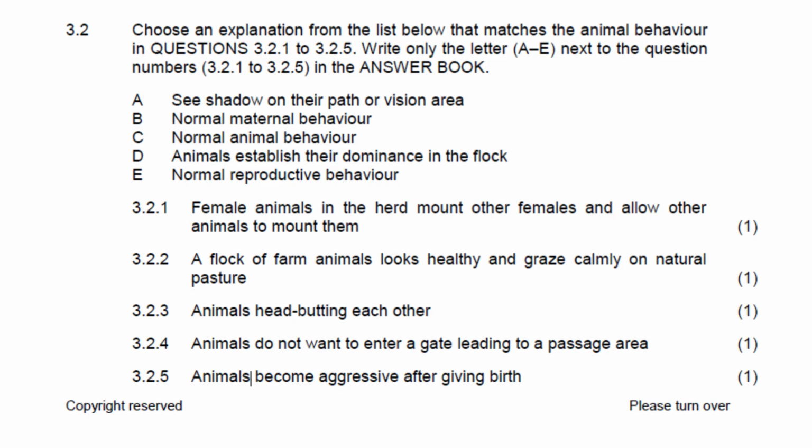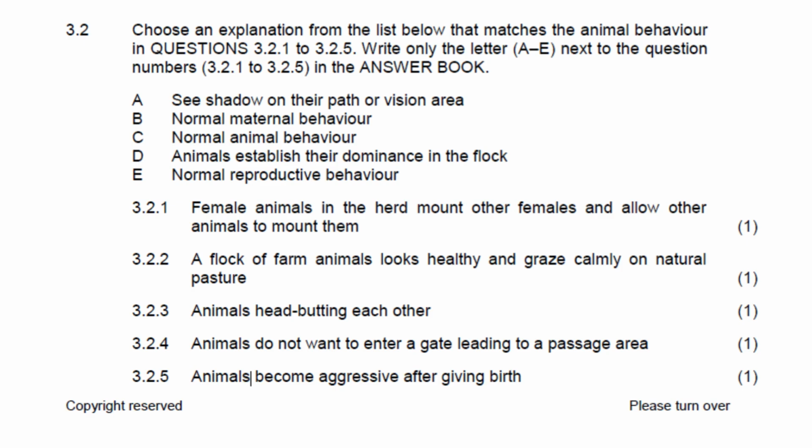So these are the options that we have. What do you need to do in this case? You only select based on the description or the explanation that you have been given. You select the best answer, right? Or you select the letter that matches the animal behavior, right? So: female animals in heat mount other females and allow other animals to mount them.